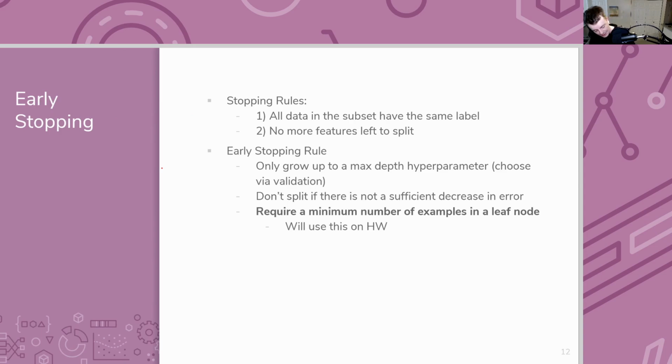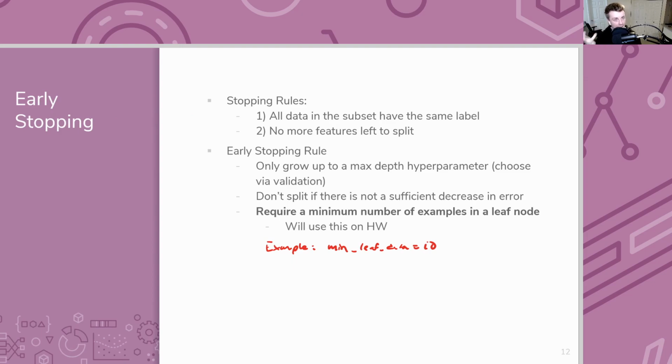So if you set this, for example, min leaf data equals 10, that means any node that has fewer than 10 examples in it may not be split. And this is a way of preventing overfitting because you're not going to let it split on very, very small data sets.